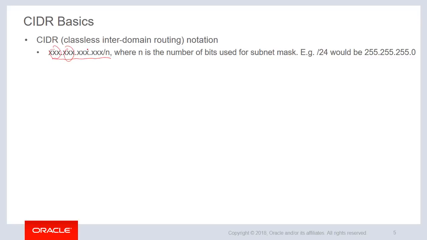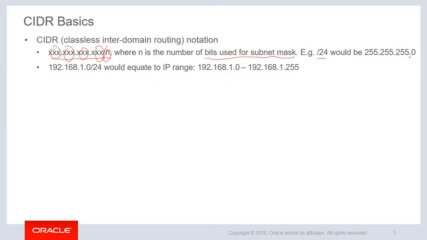Each of these is an octet, so has 8 bits each. So your IPv4 would have 32 bits, and you would say a slash and a number here. This number n is the number of bits which are used for subnet mask. So if you say /24, that would mean 255.255.255.0. Now how did we come up with that calculation?